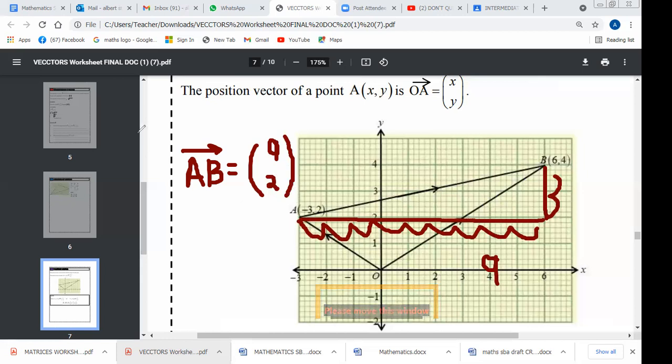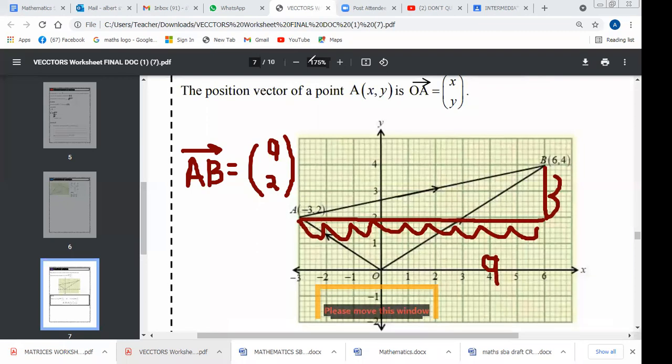Sir, better I do it that way. All right, good question. The problem is that sometimes the graph is not given to you, and that's when it becomes problematic. So you have to learn it both ways. Yes, sir. So when the graph is given to us, we can use this method.